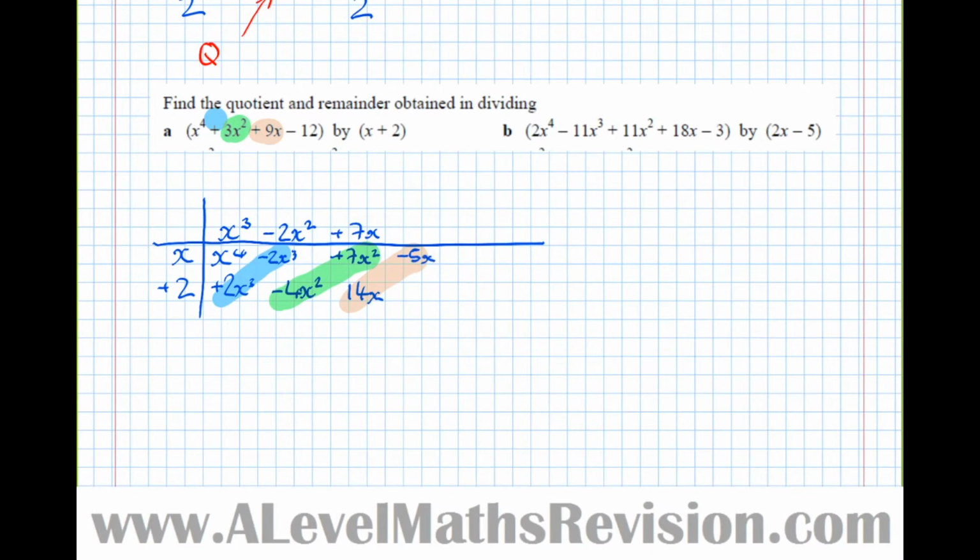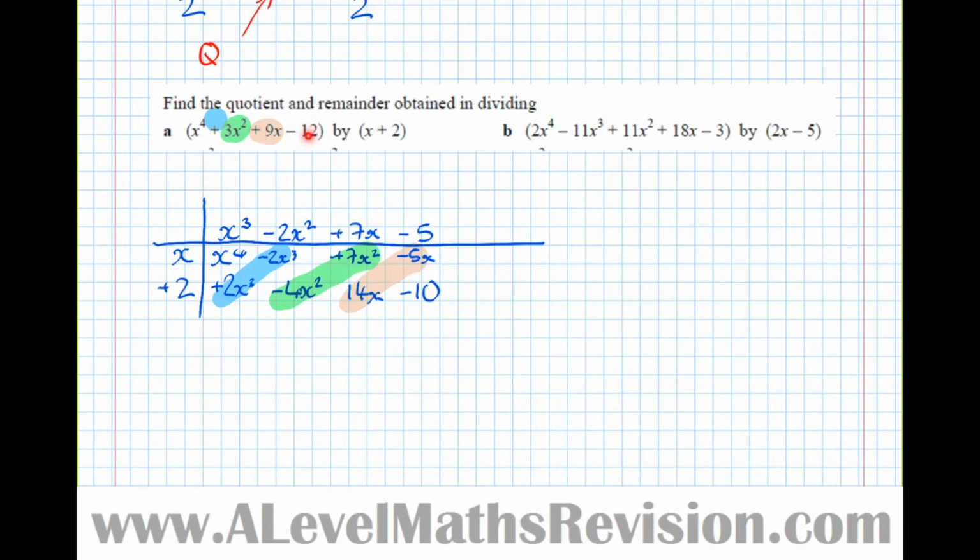So minus 5x. 14x minus 5x is positive 9x. Fill in the bit of the grid again. That makes the multiplication work. Minus 5. And then the last bit, minus 10.